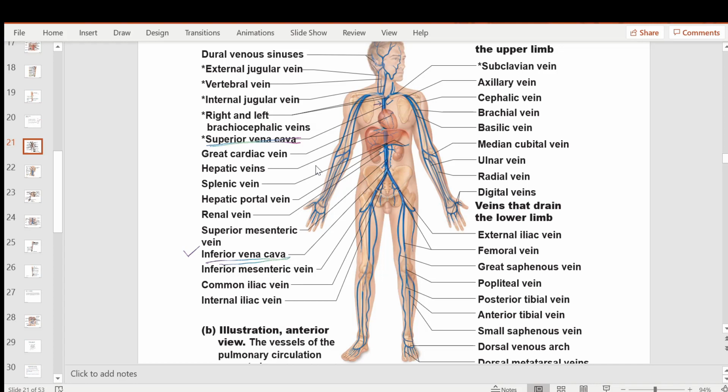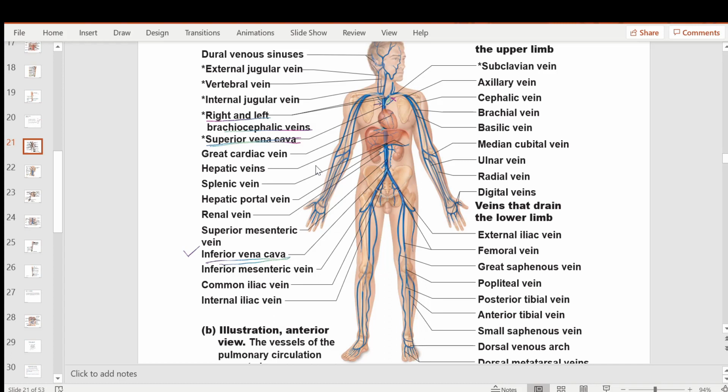Superior vena cava divides into two brachiocephalic veins. Here you can see this is the left brachiocephalic vein, and here is the right brachiocephalic vein.